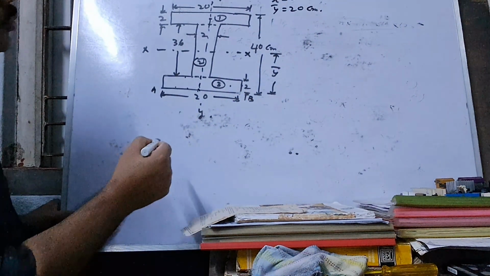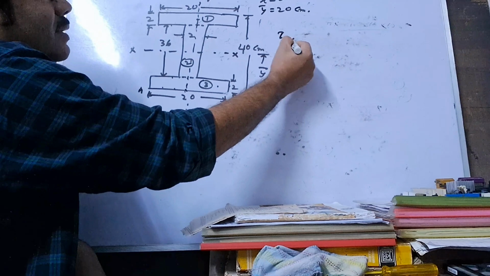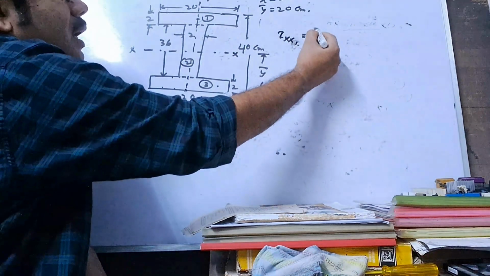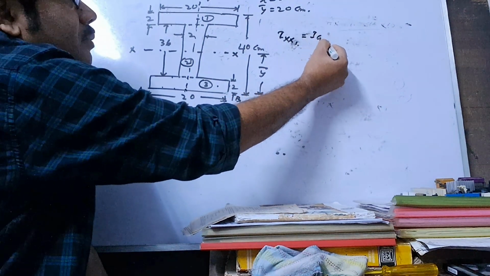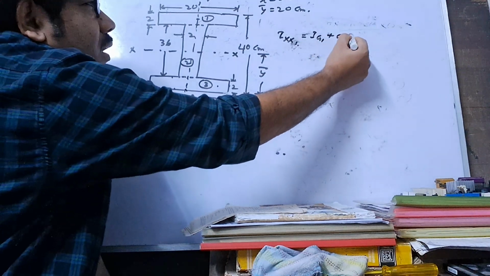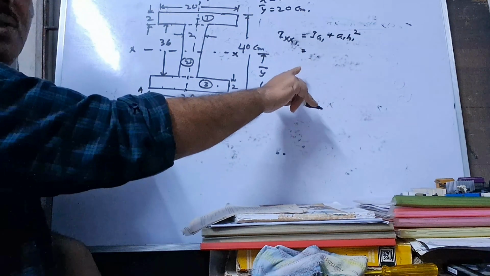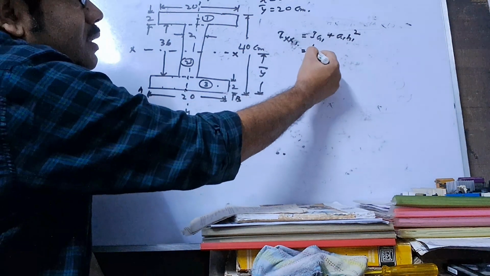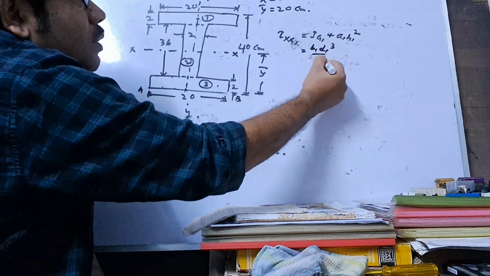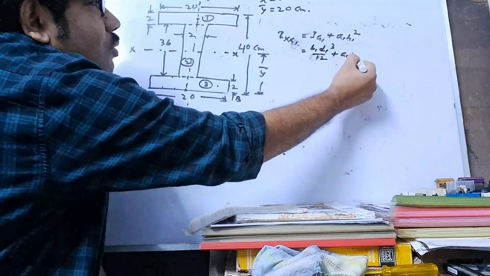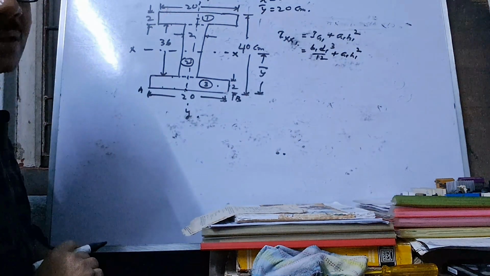Now you have to find out IXX1. We know the formula IG1 plus A1 H1 square. So IG1, that means this is B1 D1 cube by 12 plus A1 H1 square.